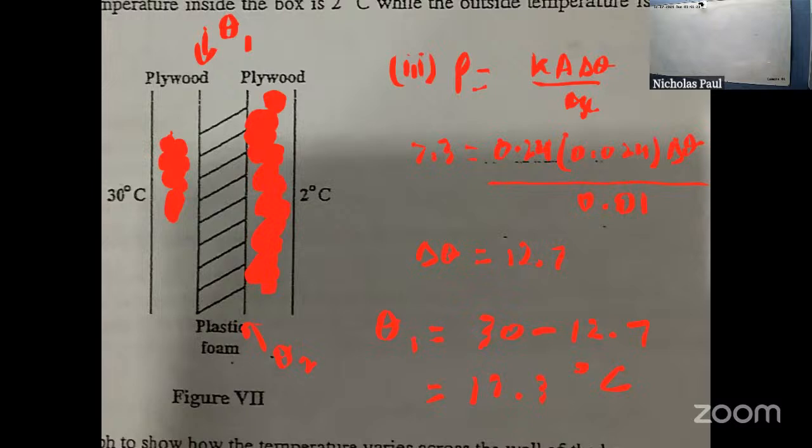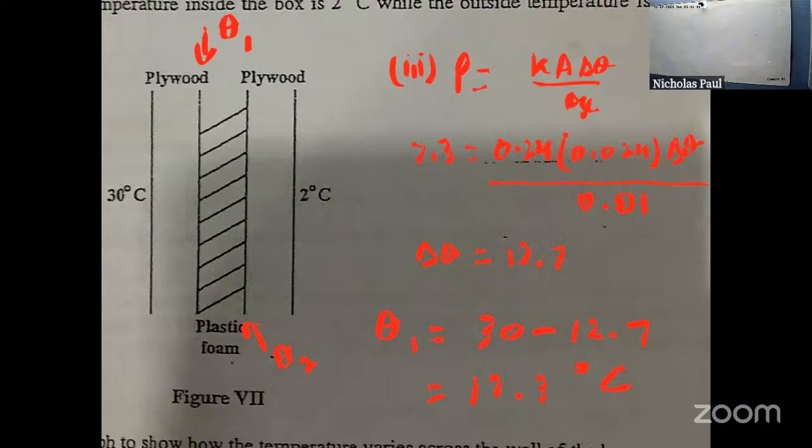Look right above it: 12.7. So what's the temperature change here as well? Same 12.7. It'll be the same temperature change because everything is the same: same rate of heat flow, same area, same thermal conductivity, same thickness.